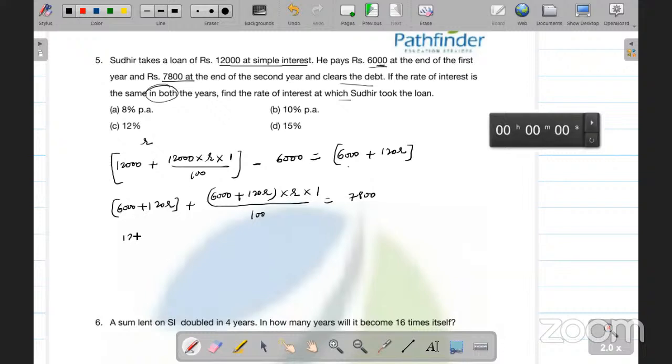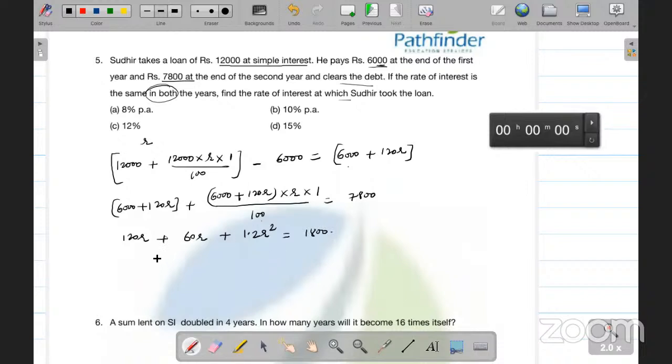So what does this become? 120R plus 6000R upon 100, that is 60R, plus 120R square upon 100 will be 1.2R square, and this is equal to 1800. So you get a quadratic equation.